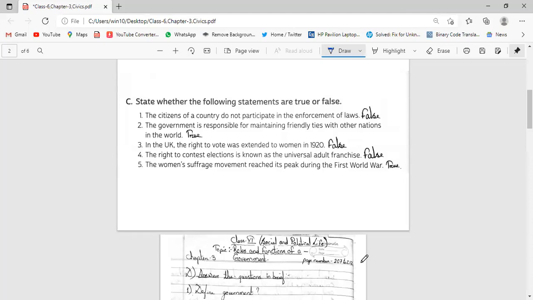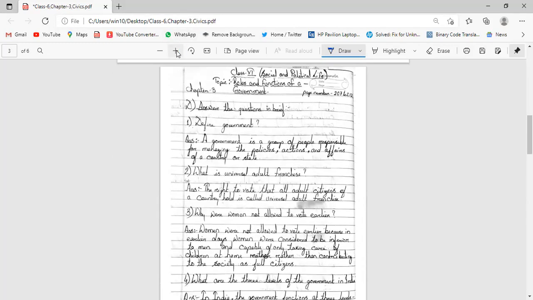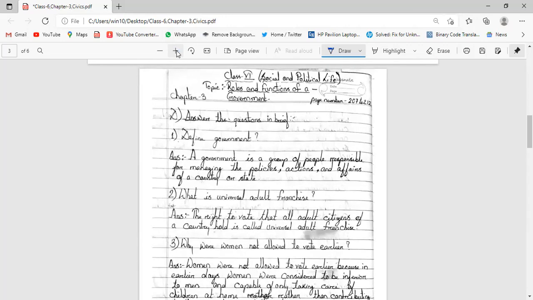In the UK, the right to vote was extended to women in the 1920s. False. The right to contest election is known as universal adult franchise. False. The women's suffrage movement reached its peak during the First World War. True.